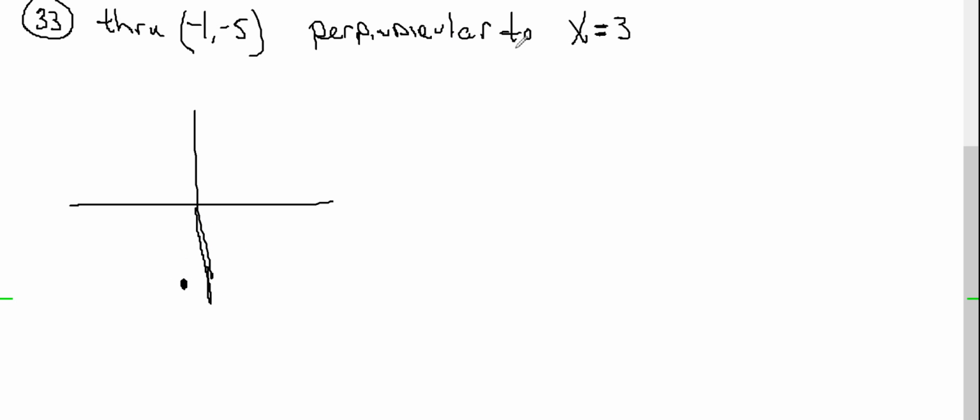And if it's perpendicular to x equals 3, then I know that x equals 3 is where? Here's my, this is x and this is y, just so we don't forget. So here's 3. Here's x equals 3. And if it's perpendicular to x equals 3, then x equals 3 is going this way.